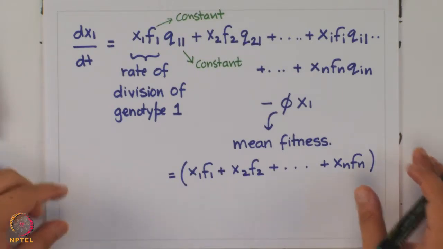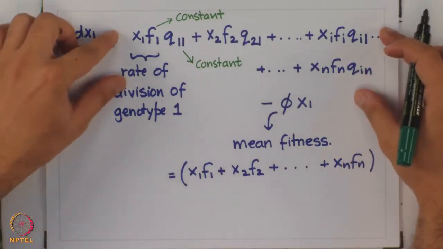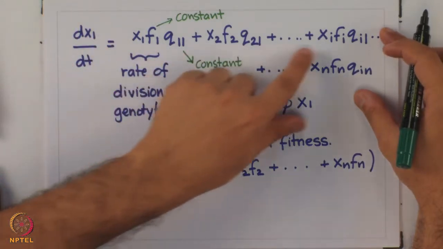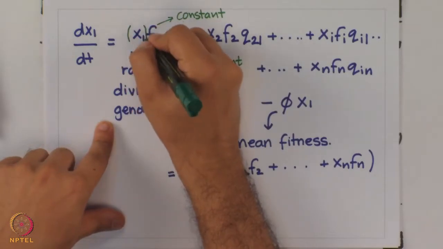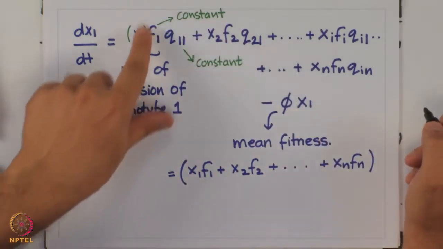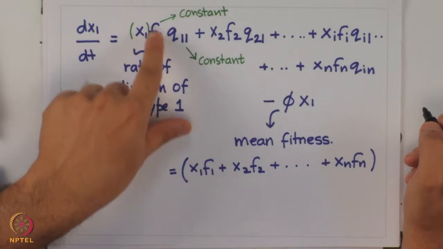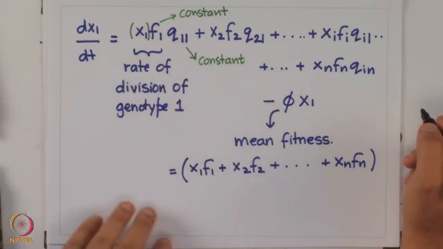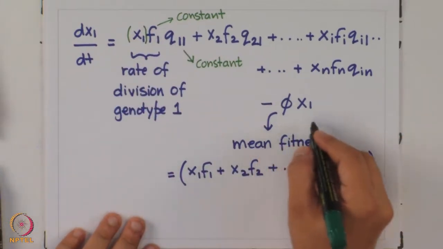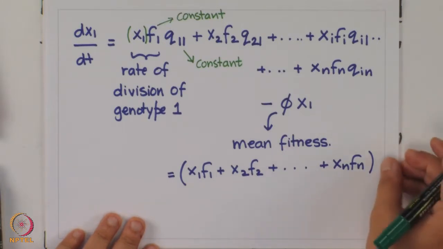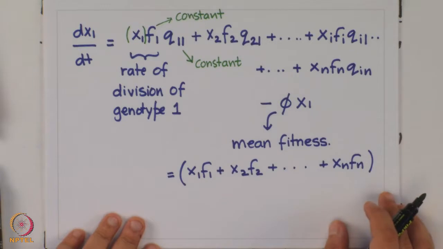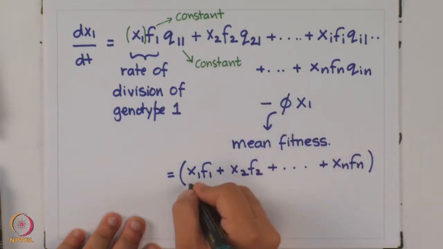These are my variables. If you look at the first n terms, each one of those terms is linear with respect to xi. Only one of the xi's comes into each term, and the power associated with that x is 1, hence these are linear. But because of this term which is there to ensure that the population size remains constant, there is non-linearity in this system, because phi contains an x1.